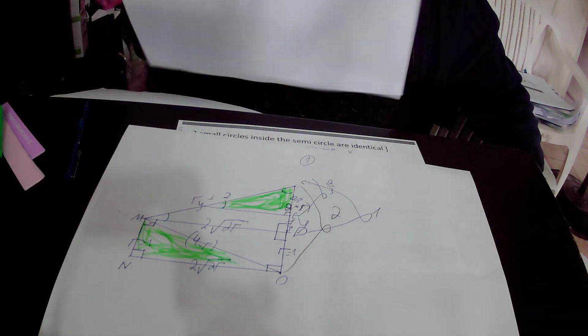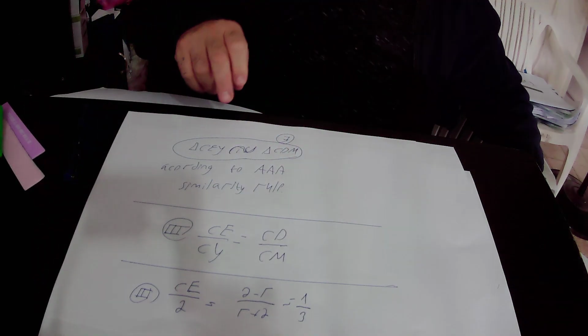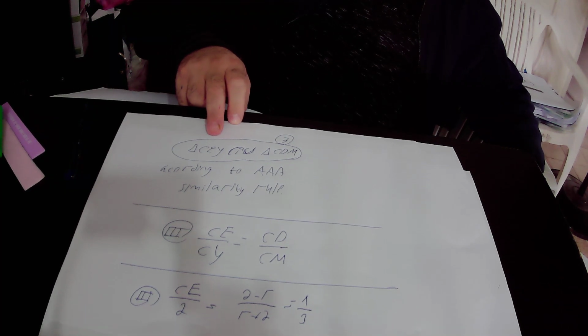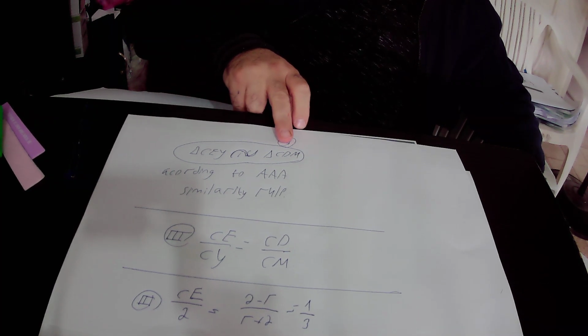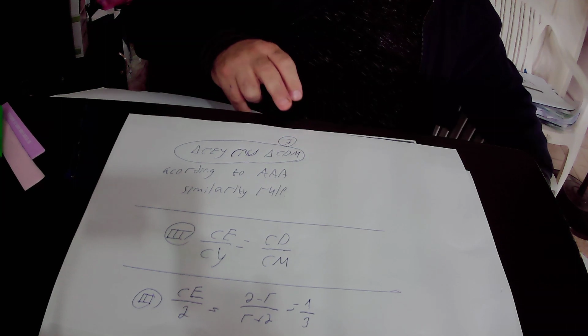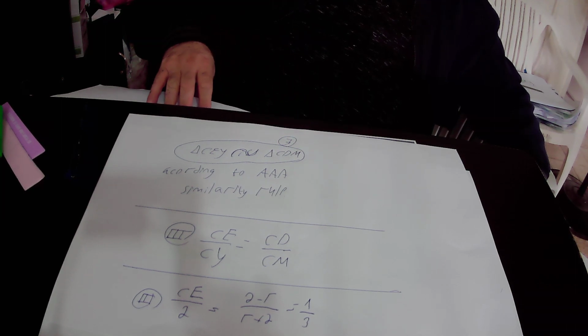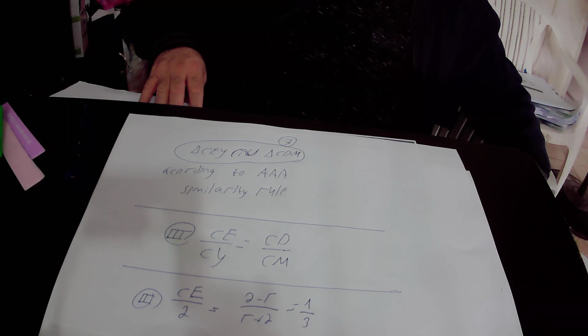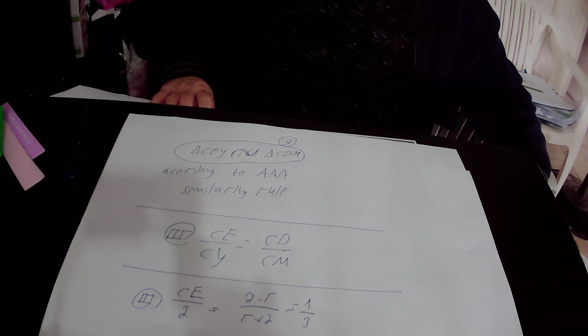What is the angle similarity rule? If you prove that all angles in one triangle are congruent to all the angles of another triangle, then the two triangles are similar to each other.